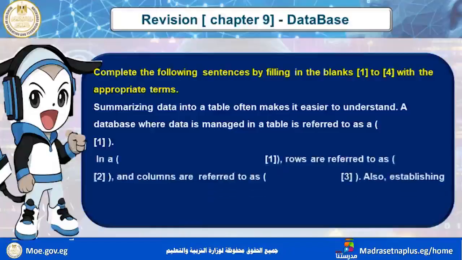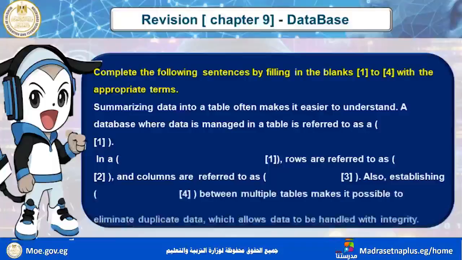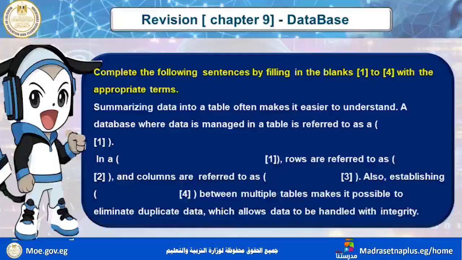In a blank 1, rows are referred to as blank 2, and columns are referred to as blank 3. Also establishing blank 4 between multiple tables makes it possible to eliminate duplicate data, which allows data to be handled with integrity.